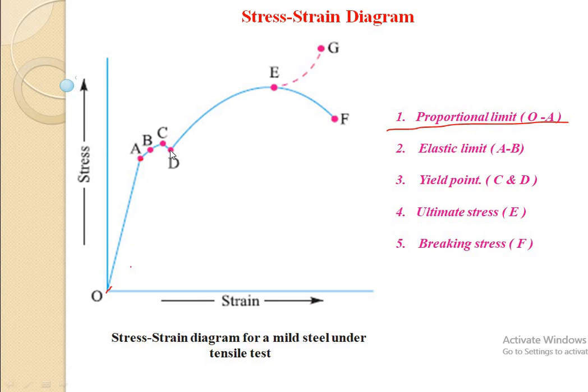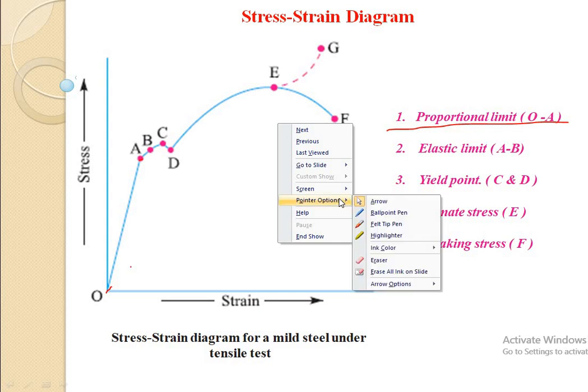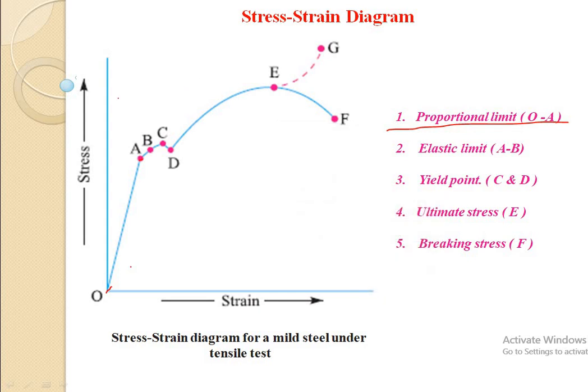The rod, the material under testing, gets some strength at point D, and hence there is an increment in stress with an increment in strain. Corresponding stress, corresponding strain.